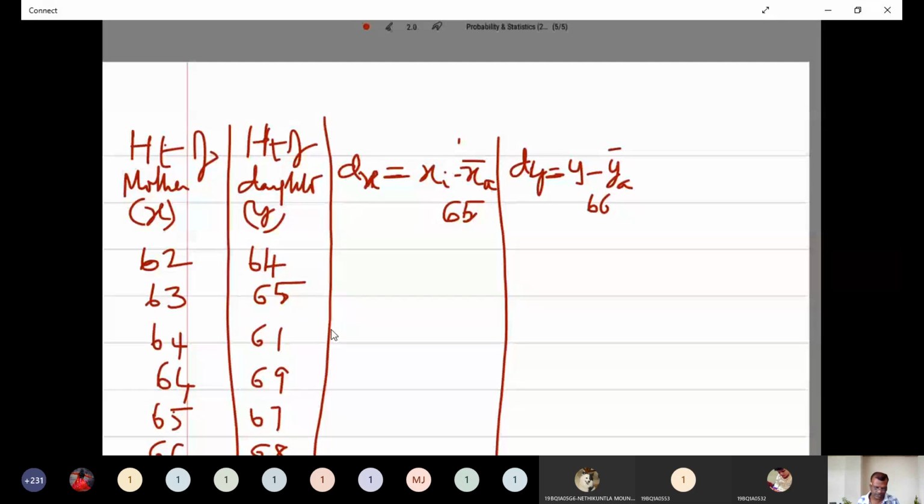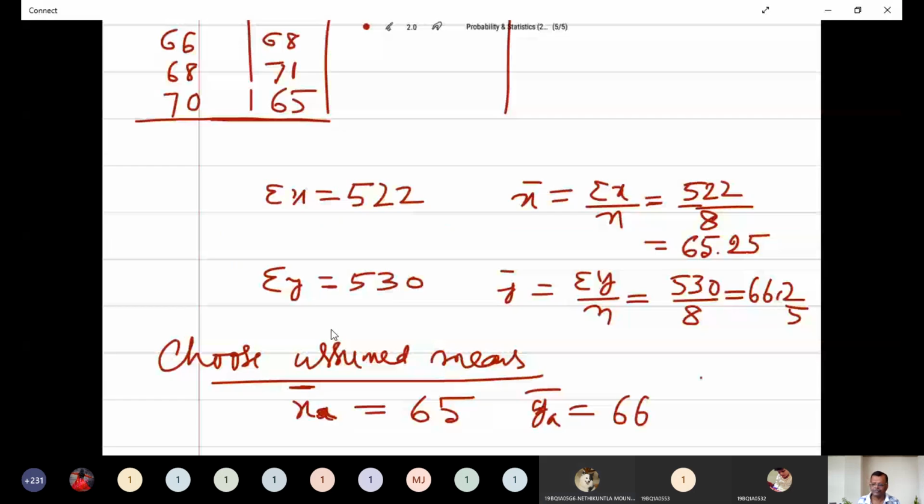Sometimes you have to choose the next value or the lower value. If you need, you move to the next value, that is 66 point something. Therefore, we can choose 67 also sometimes. No problem, either 67 or 66. What is the value? 66.75. 25, sir. 25. Okay, no problem.